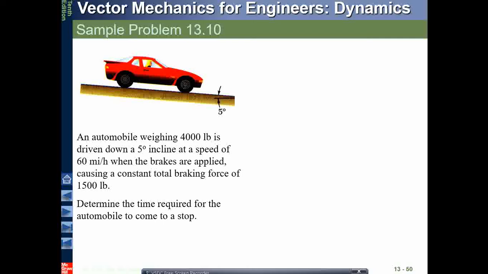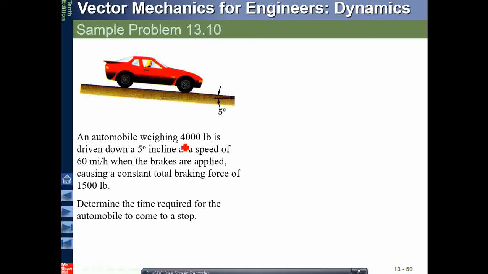So this is another problem which we have already solved. However, in this case, we will be interested in knowing the time required to stop the automobile. We solved this problem in the previous lecture in the examples of kinetic and potential energies.